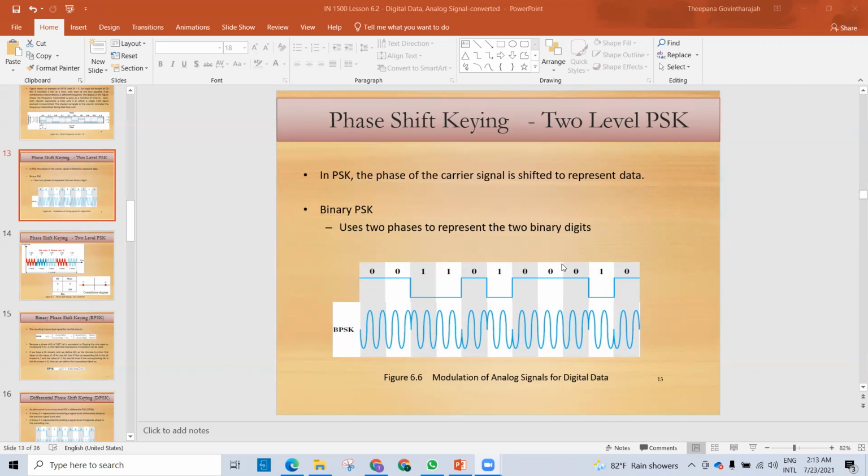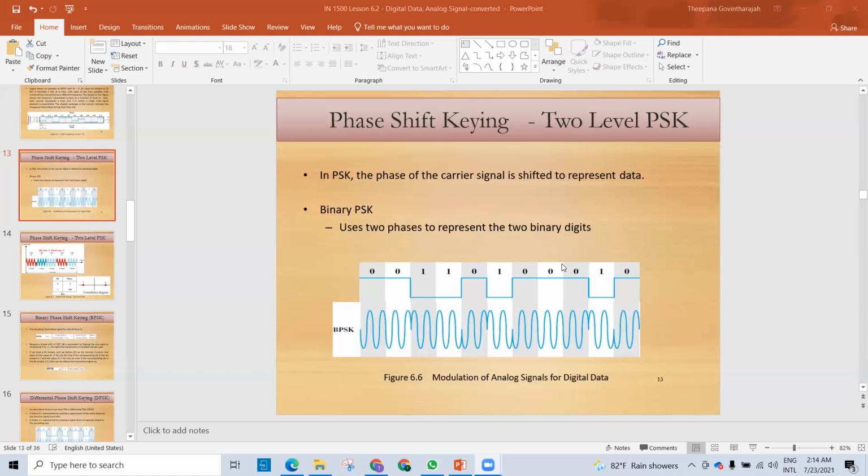In phase shift keying, similar to FSK, where two binary data, zeros and ones, are represented by two different frequencies, here two different phases represent binary data, zeros and ones.